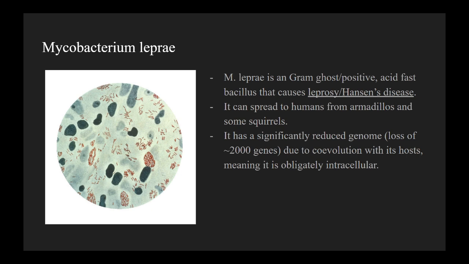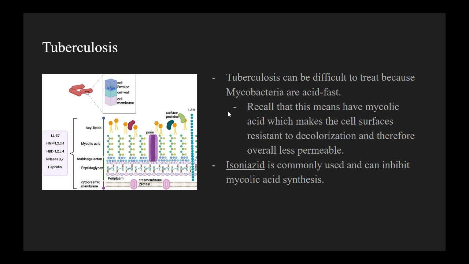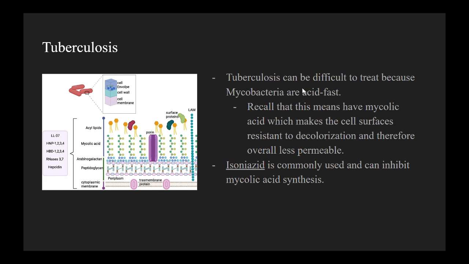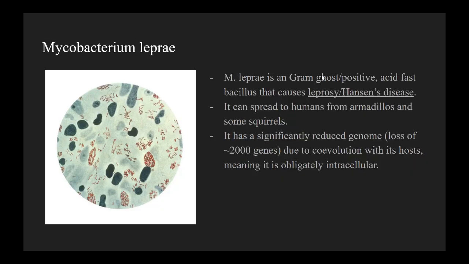This is a second bacterium within the Mycobacterium genus, just like the tuberculosis one. It usually stains gram-positive, but it can also be called gram-ghost, because it doesn't really stain well because of the acid-fast nature. So sometimes when you do the gram stain, it'll just show up clear instead of staining purple or pink.